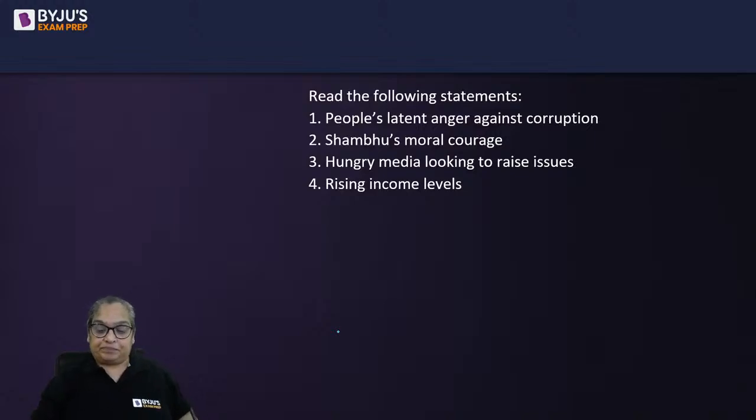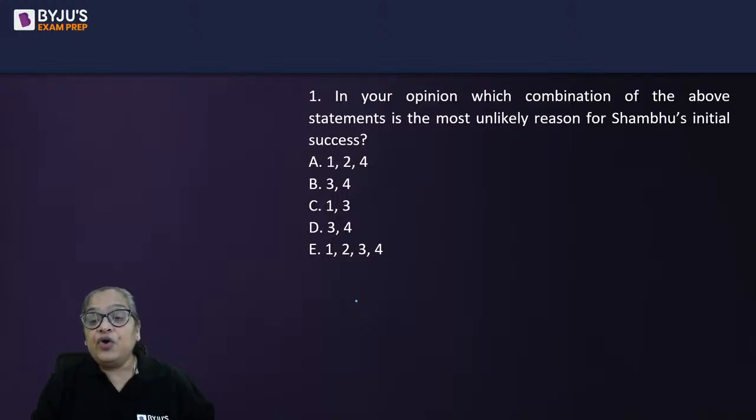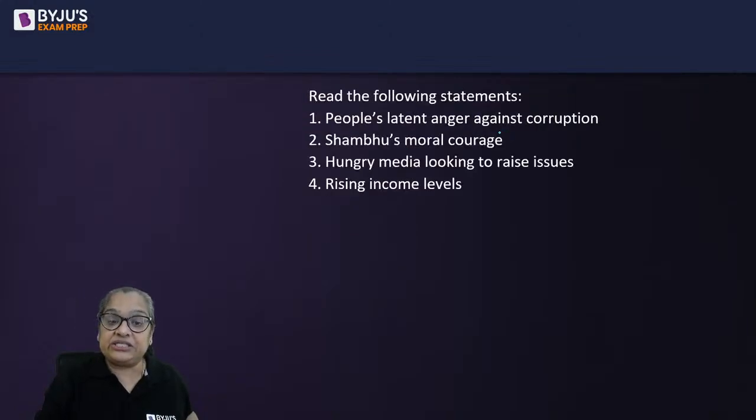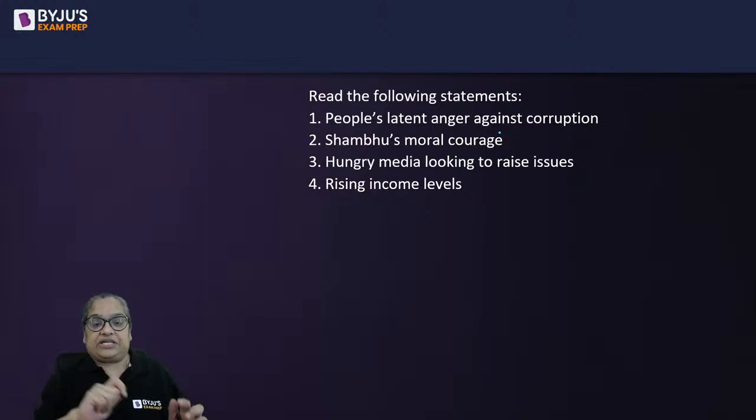All right. Now read the following statements because the question next asks which combination of statements is the most unlikely reason for Shambhu's initial success. Read the question. Which is an unlikely reason for Shambhu's initial success? People's latent anger against corruption.